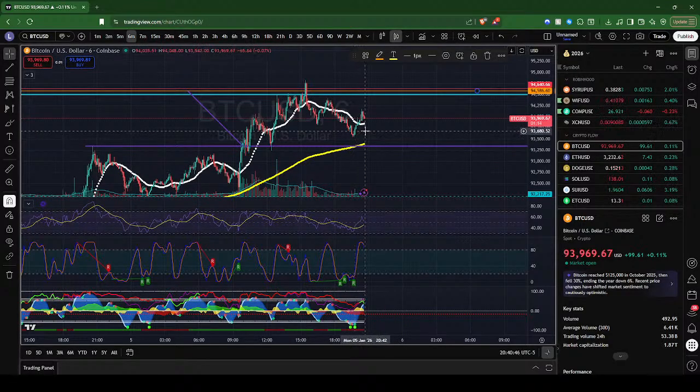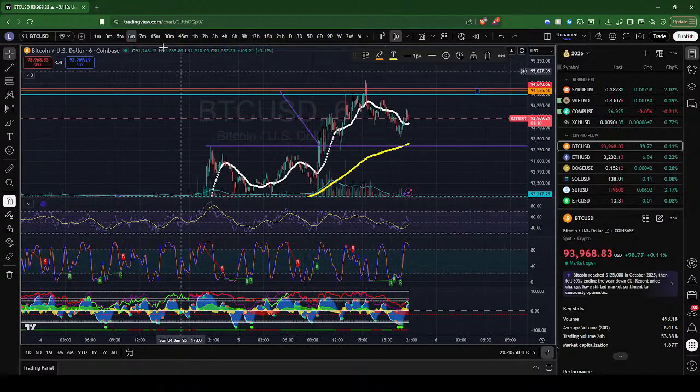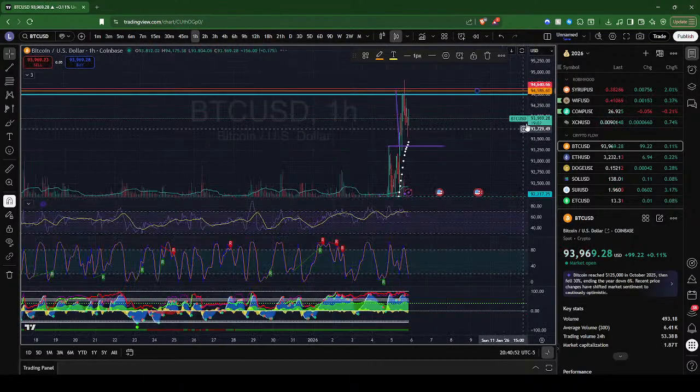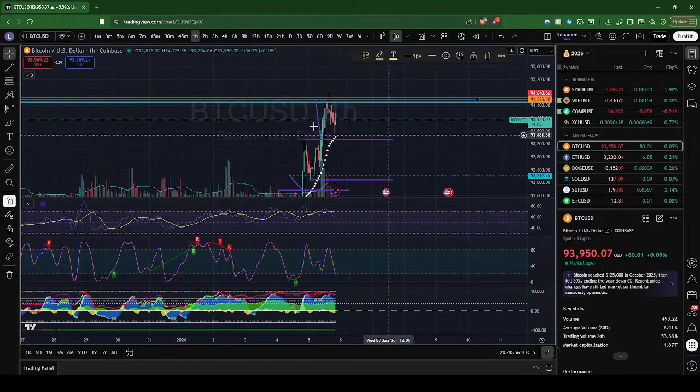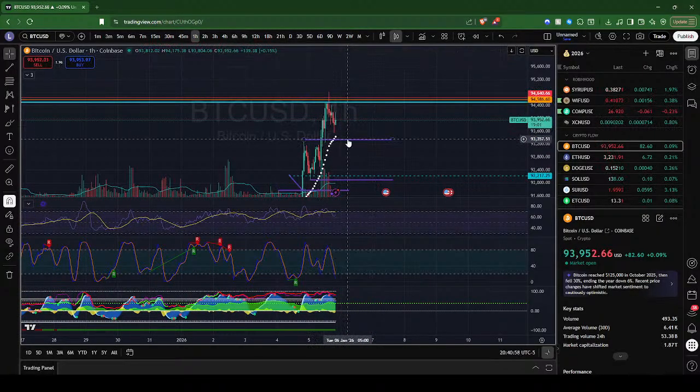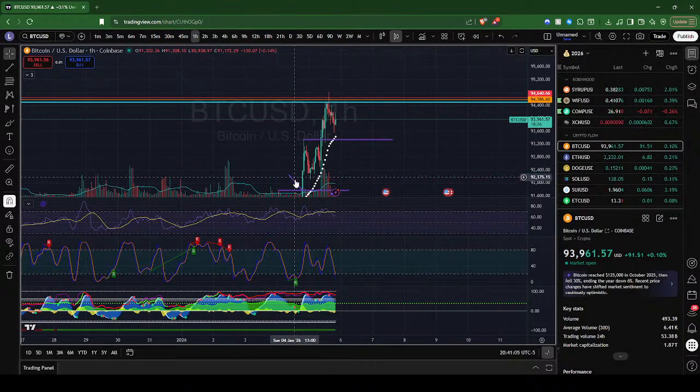So this is what we have going on for Bitcoin. We're at 93,000 right now, and one thing we could look at is on the 1 hour, we're resetting here, we're consolidating. So let's get rid of these smaller bear flags, except for that one. Let's get rid of these.